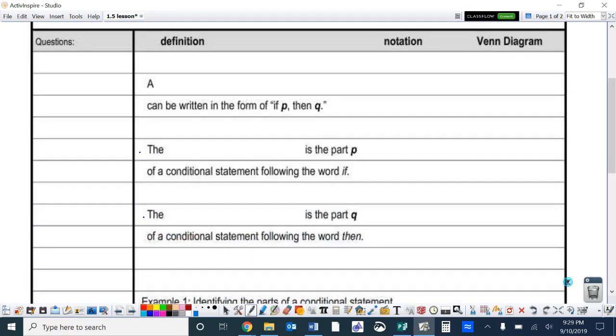Our vocabulary. The words that we start with today are different than what we've seen. Our vocabulary words are conditional statement.